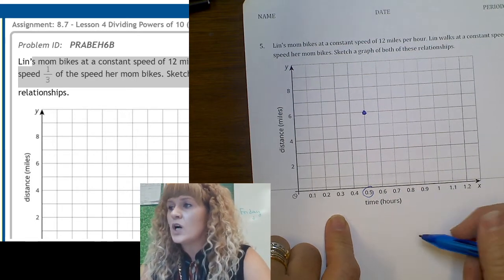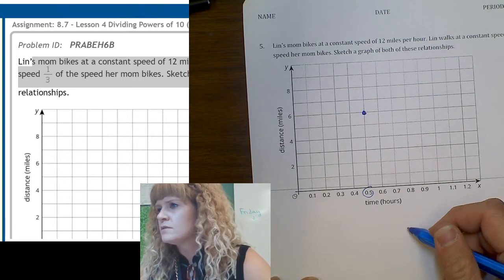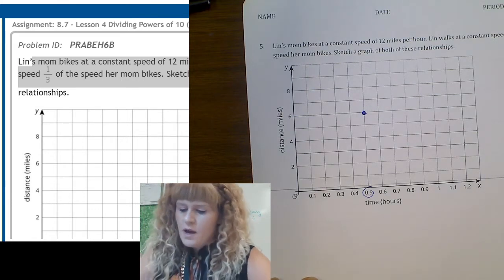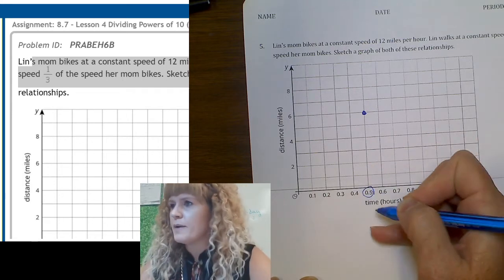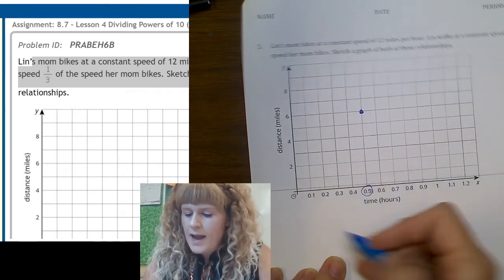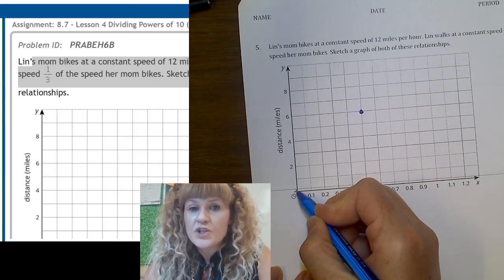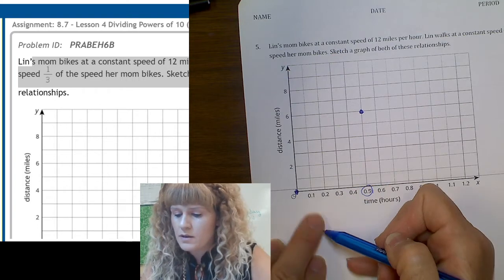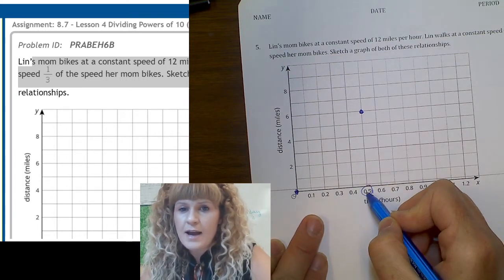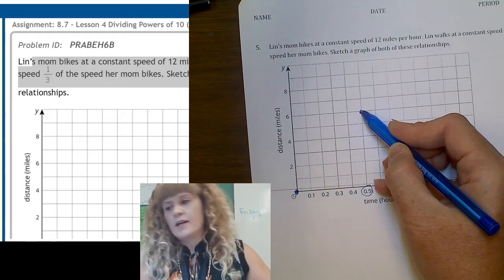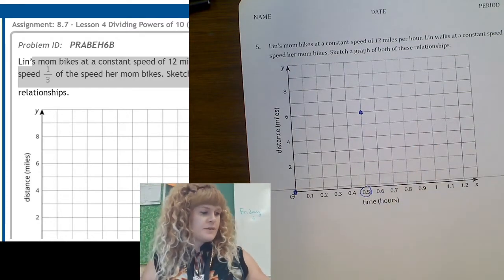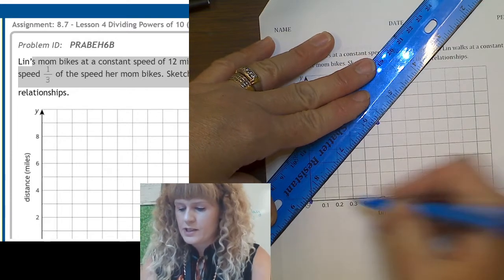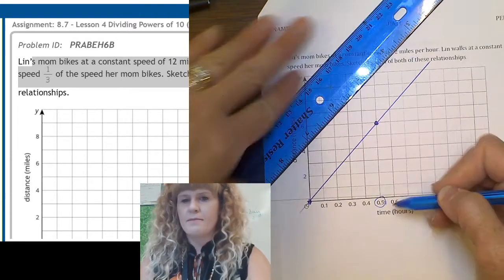Since this is a constant speed, think about just the mom on the bicycle. At time equals 0, she just started and hasn't traveled at all. She hasn't biked anywhere, right? And then after half an hour, she's gone 6 miles. I'm pretty good at these linear relationships, and I only need to graph that much.